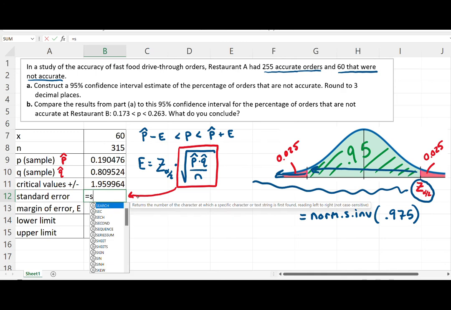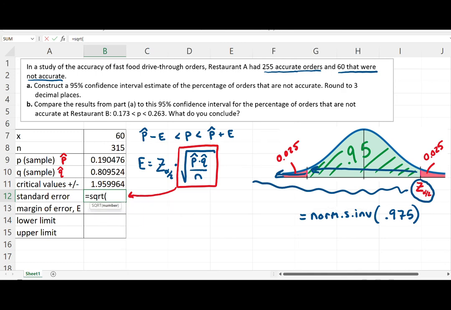So that's equal to the square root, SQRT, of, and now we've got these three numbers right here, the p hat and the q hat and the n. That's B8, B9, and B10.